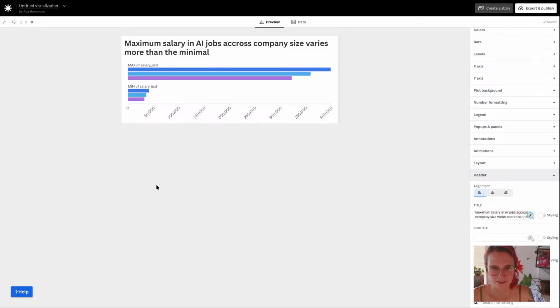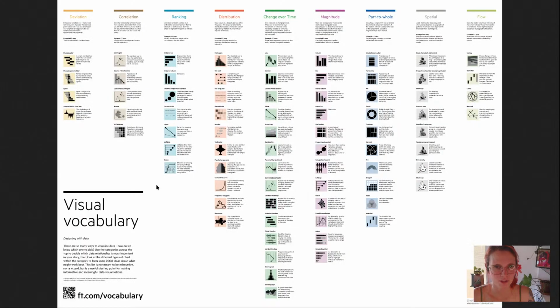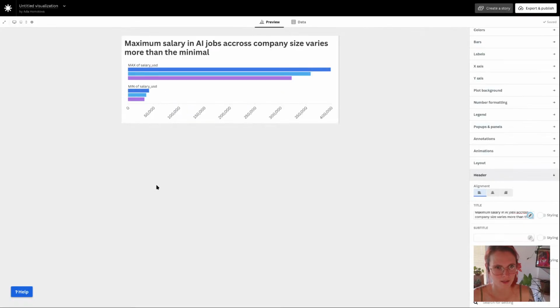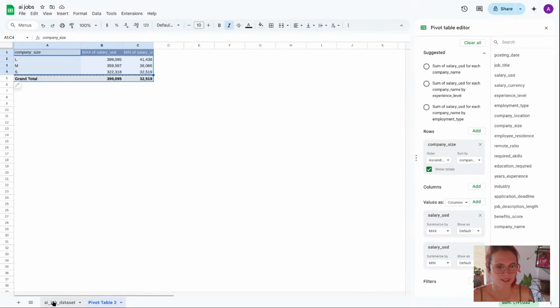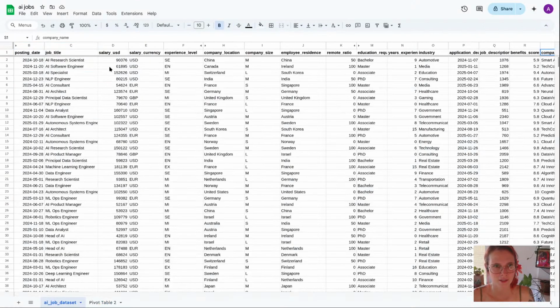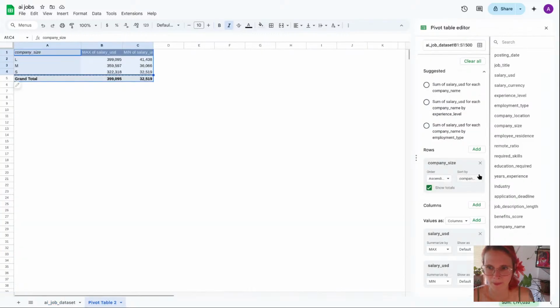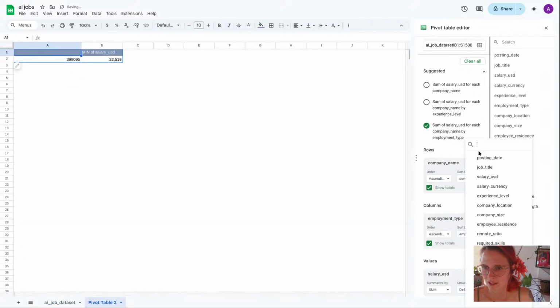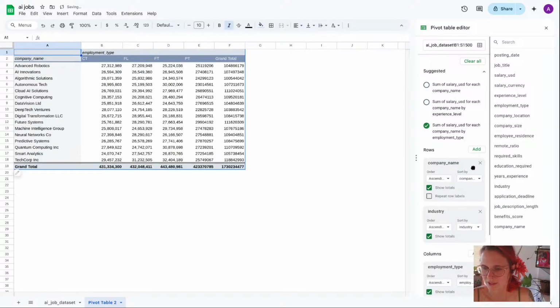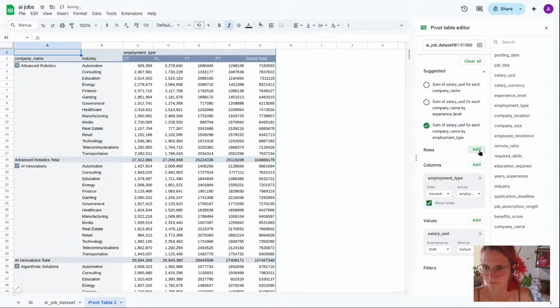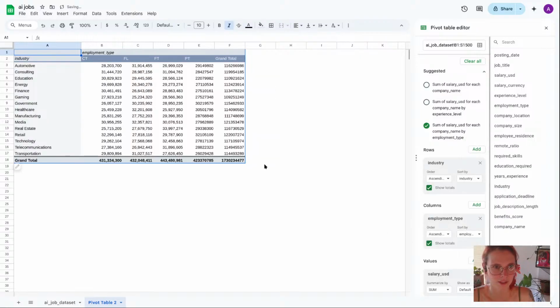So look at the data first, see what I can get out of it. What I could also do here very quickly is to see what industry pays the most. So instead of the company size, I would put in here the industry.